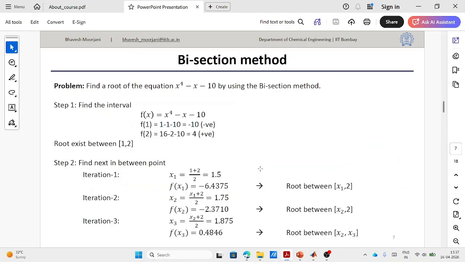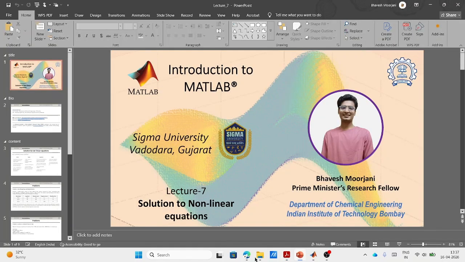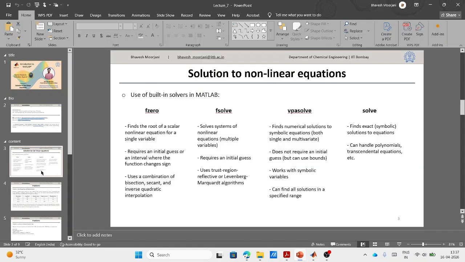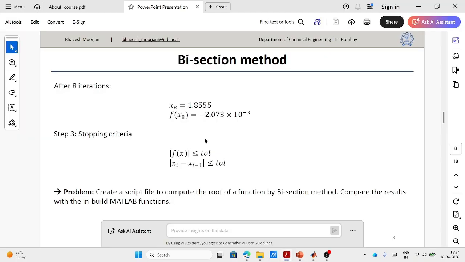So that was one thing. Now in today's class, we will use this knowledge and try to solve chemical engineering problems, which involve models related to these nonlinear equations, right?